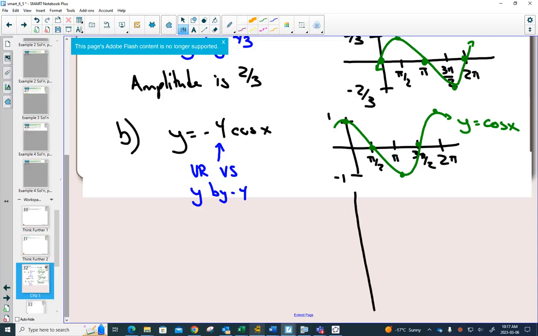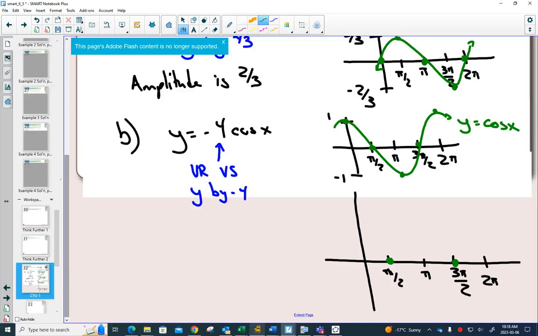So if I think about my graph now, again, since my x-coordinates aren't changing, I'm going to just write down my axes family again. Can you see that at your x-intercepts, those ones are not going to change because you're multiplying your y values by -4.